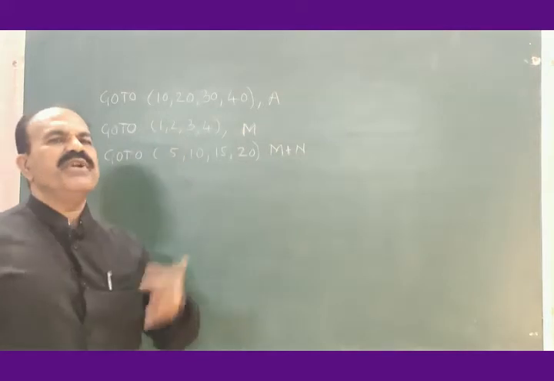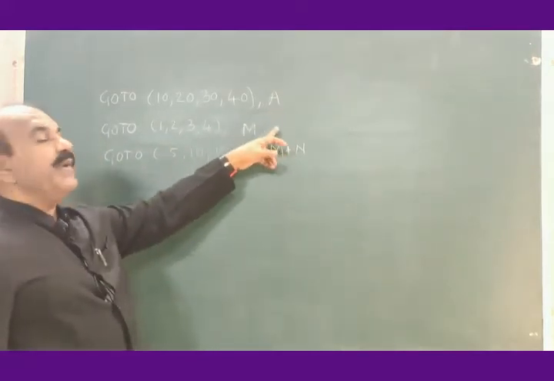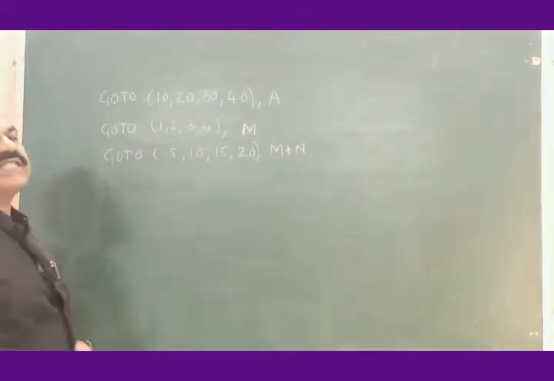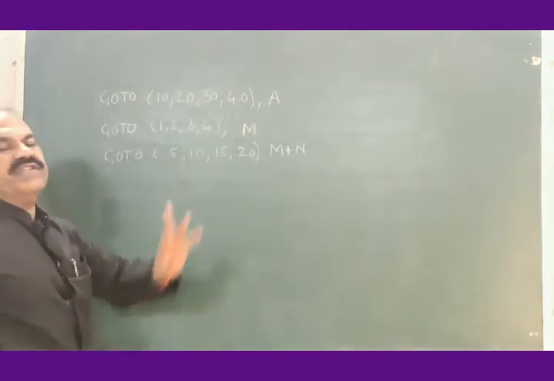We can have so many such examples. Depending on this value of A, the control will be transferred to the statement with this number, with this number, with this number, or with this number.